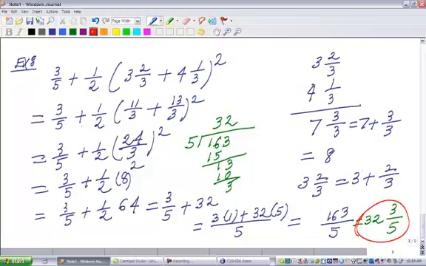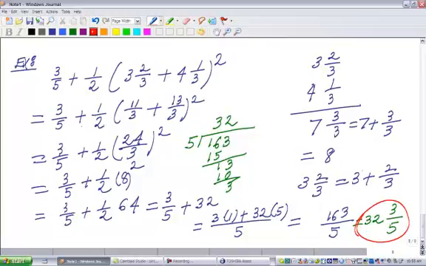Finish the quarter in the 30 over 5 plus 32. Why all this? What 30 over 5? Like 32 plus 3 over 5. Yeah. 32 times 5, right?